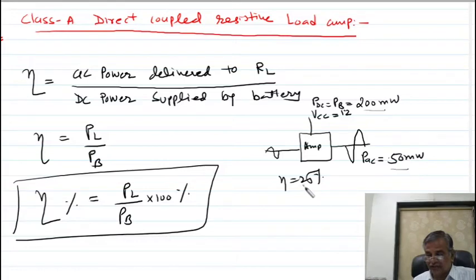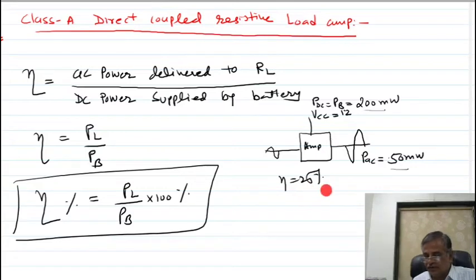Now someone says, hey sir, I want to increase the efficiency. From 25% I want to increase it to 50%, 60%. What should I do? Then you have to see where your wastage is. So there is wastage in the load RL and the transistor itself.